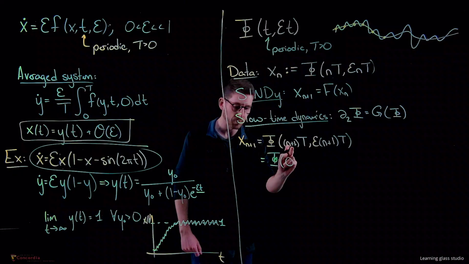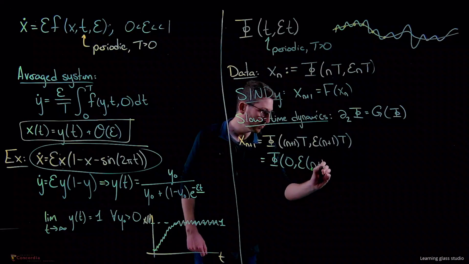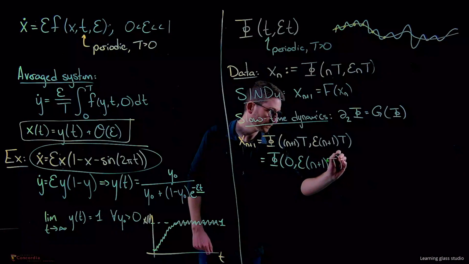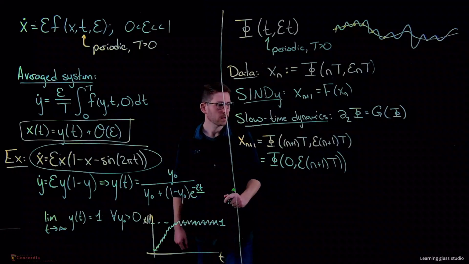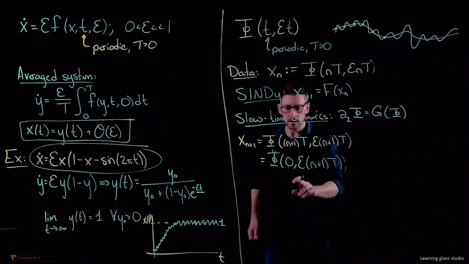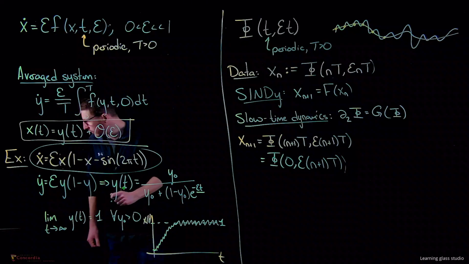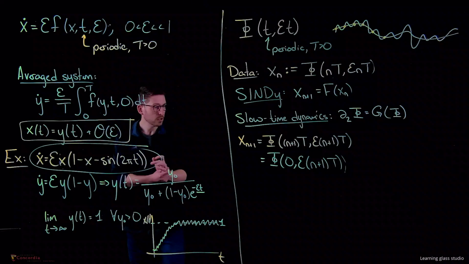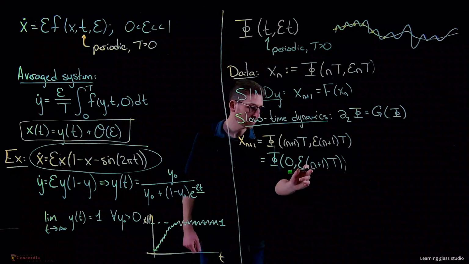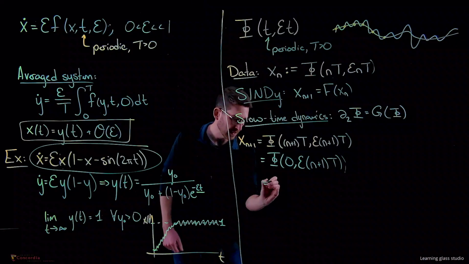Because this repeats the first component, epsilon n plus 1 of t. Then what we can do, because epsilon is very, very small, we could, for example, do a Taylor expansion around epsilon nt.